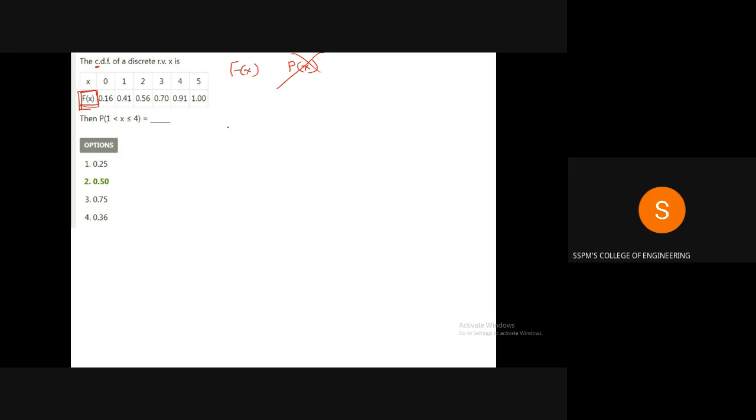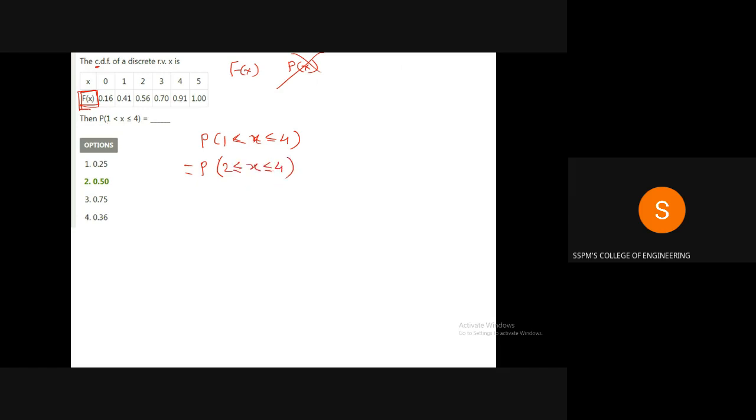So how can we calculate that? We have been asked to find the value of P of 1 less than x less than or equal to 4. Since here it is 1 less than x, instead we can write 2 less than or equal to x less than or equal to 4.